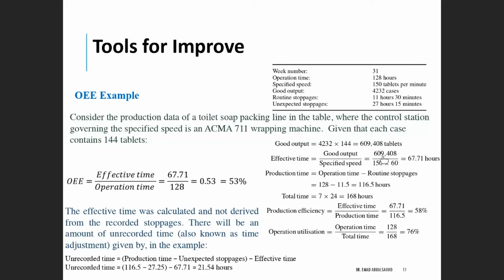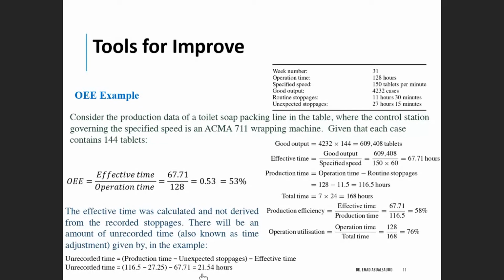We can increase this number here, which is the good output, that is driven from this number given, by different dimensions. We can increase it either by increasing the operating time, by reducing the unexpected stops, or reducing the routine stops, as we just did in the previous tool, the SMED, or by working on those unrecorded times and seeing what's happening here, why there is no productivity, where these 21 hours of that week were lost.